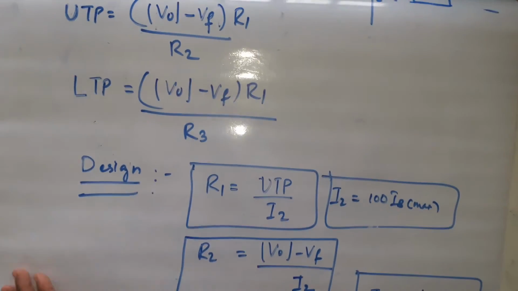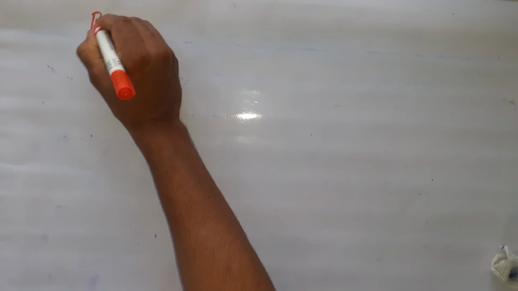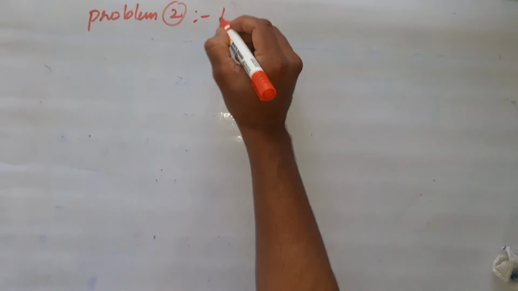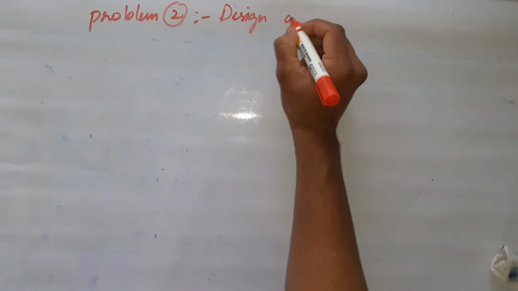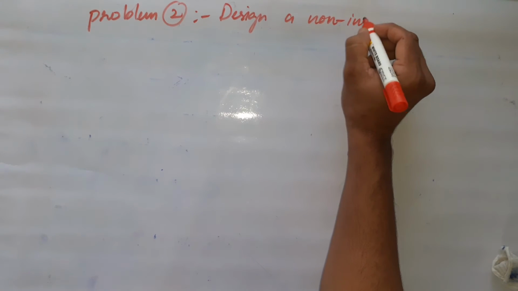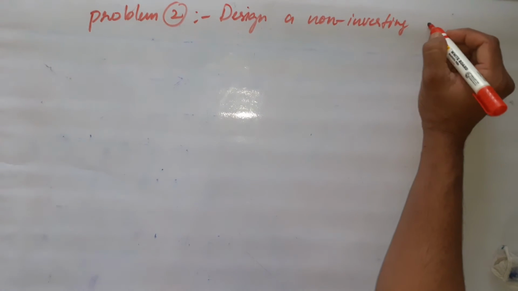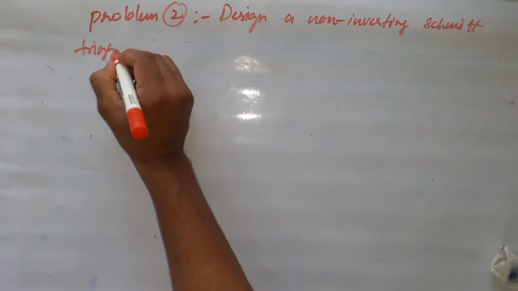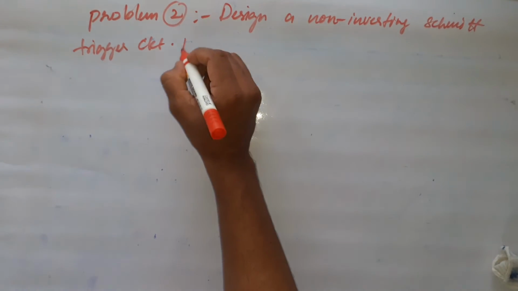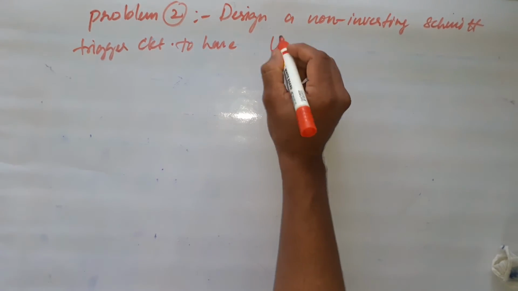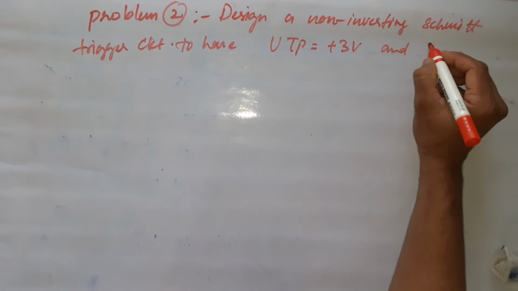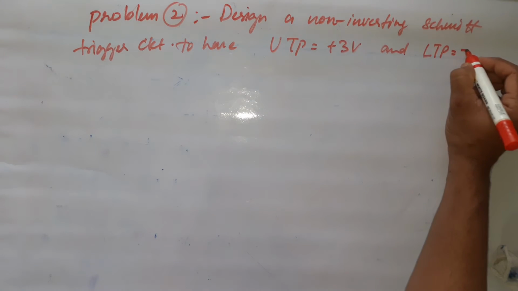Let us solve one problem on this. Design a non-inverting trigger circuit to have UTP equal to plus 3 volts and LTP equal to minus 5 volts.